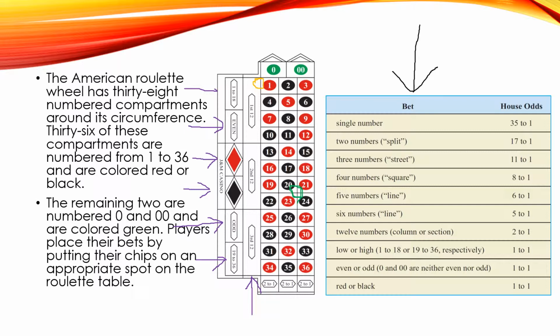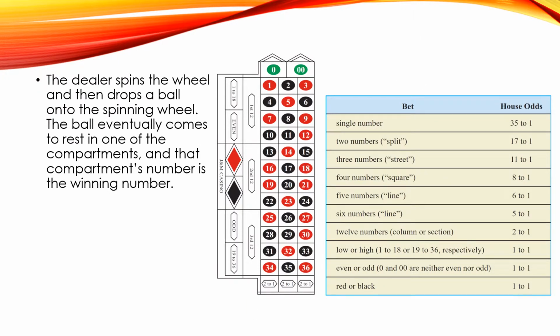All right, but let's talk about how you figure out how much money you're going to win back. So the dealer's going to spin the wheel and then drop the ball into the spinning wheel. The ball will eventually come to rest in one of the compartments, and that compartment's number is the winning number. So then the dealer will look and they will determine if the number is even or odd. So let's say that you bet on the evens, and maybe it lands on 36.